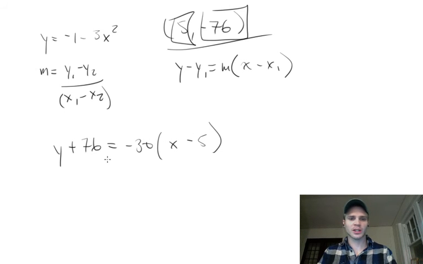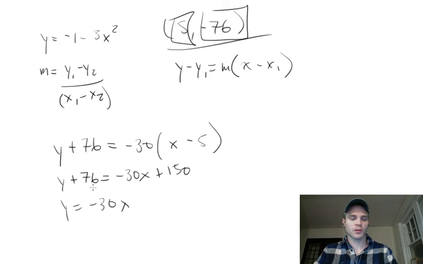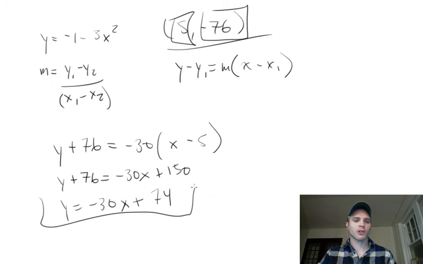And we can leave it like this, or we can simplify and get everything into the y equals mx plus b, the slope intercept form. So this is plus 150 minus 76. Let's see, so this would be plus 74.